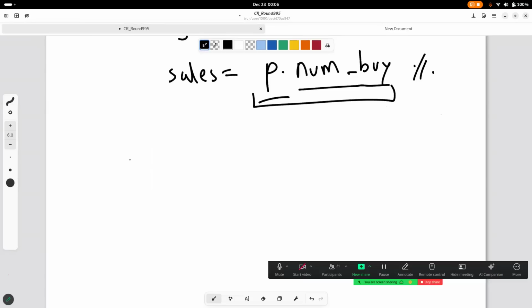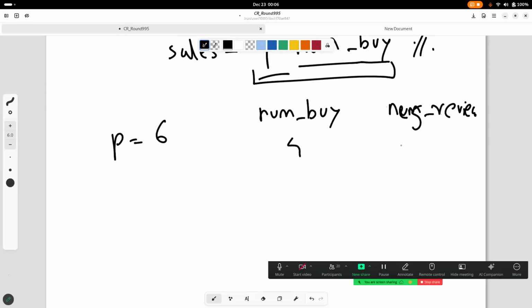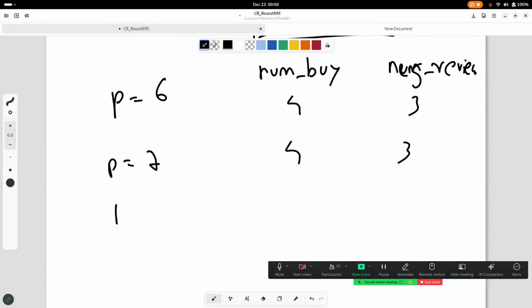Now, say for P equal to 6, your num buy and negative reviews were 4 and 3. For P equal to 7, they still remain 4 and 3. For P equal to 8, they still remain 4 and 3.